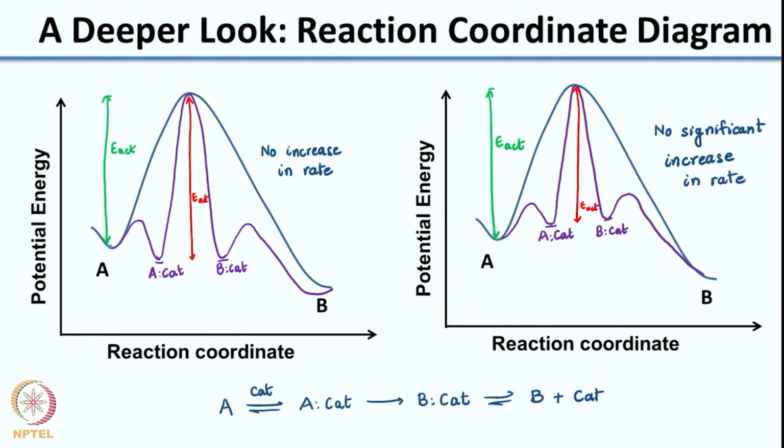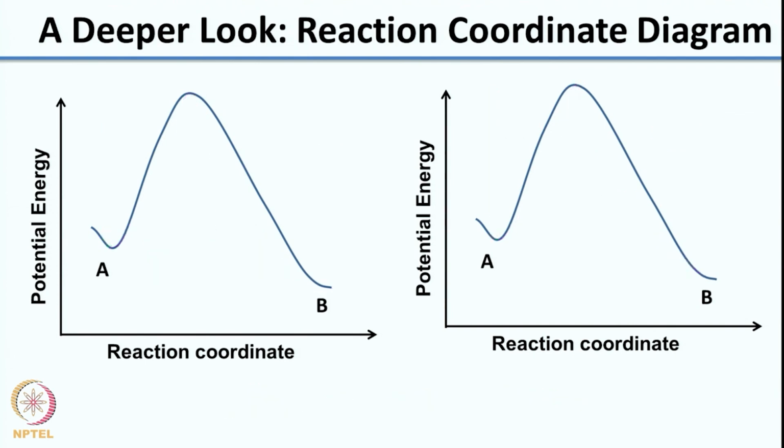So, will these two be good catalysts for a reaction? The answer is no. If the rate is not being increased, then these are not very good catalysts. Now, let us look at two different scenarios. In this case, again I will write the generic equation below to help you. So, the generic equation is A getting complexed with the catalyst.